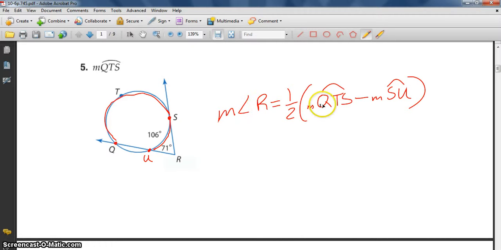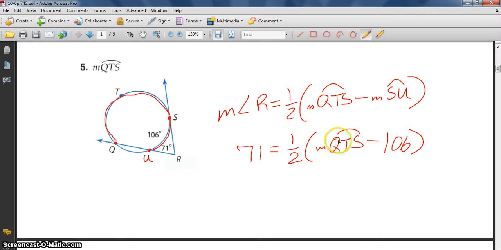So based off of this theorem, now we can substitute in for the measure of angle R. That's 71. We're trying to find the measure of QTS, so we don't know that. But for SU, we can substitute in what it is, which is 106. Now in algebra, we're taught for an equation like this to get rid of this 1/2.